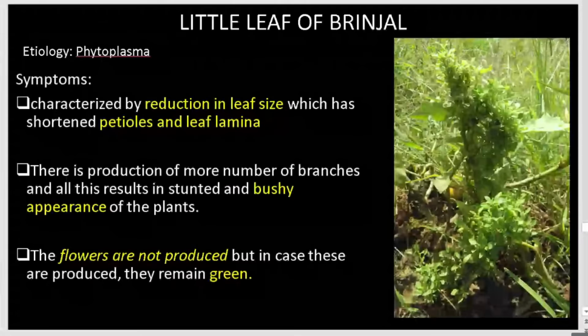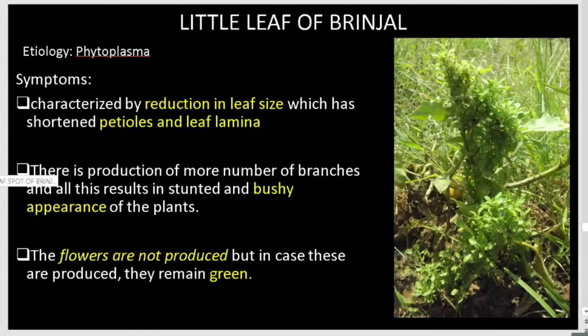Little leaf of brinjal is often seen in the fields, particularly in volunteer brinjal plants. It is also seen in datura, because this phytoplasma can easily survive on datura metel. So in datura, these kinds of symptoms are seen.